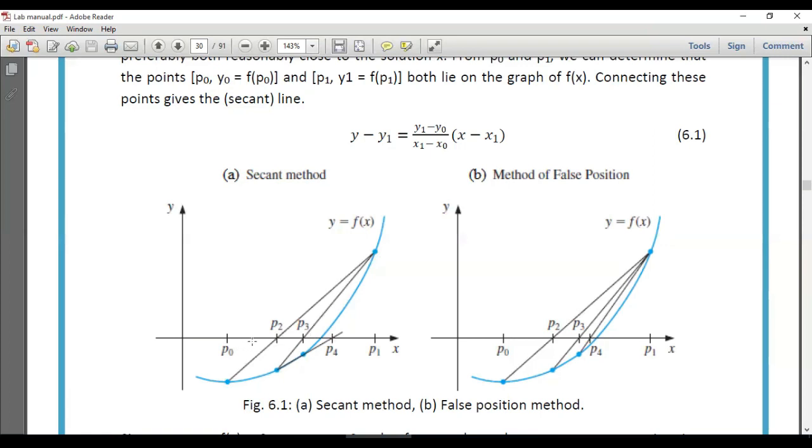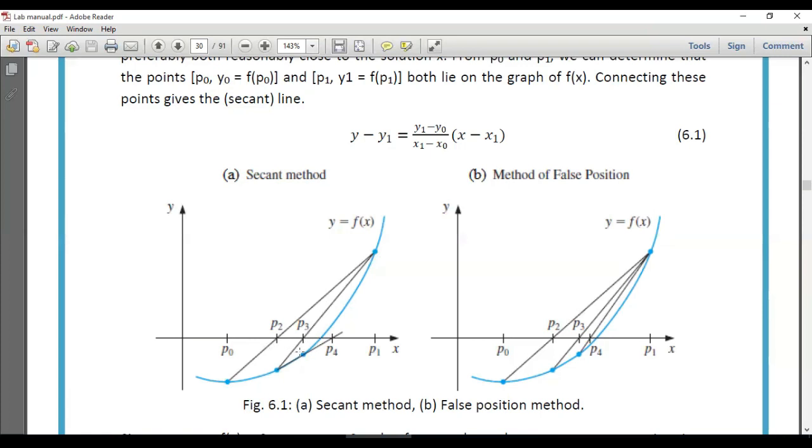After each iteration, we will calculate the value of the function at the new point, and we will go on performing this secant evaluating process until we get f(x) equal to 0.